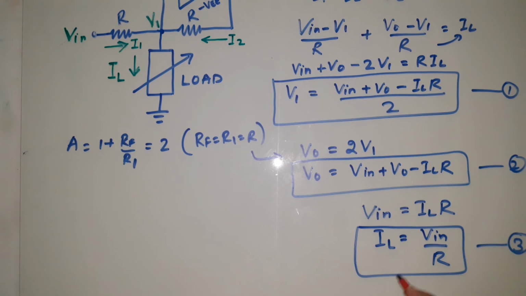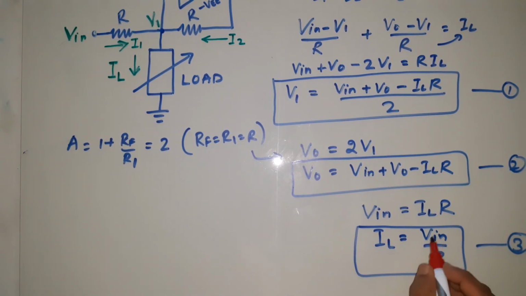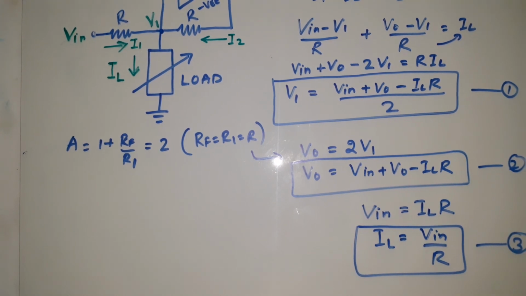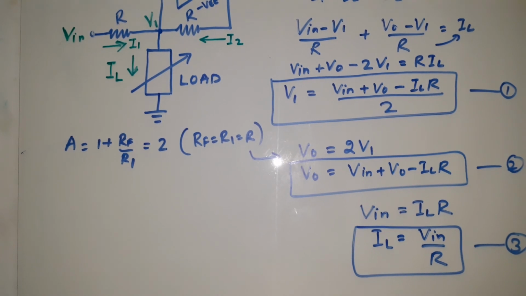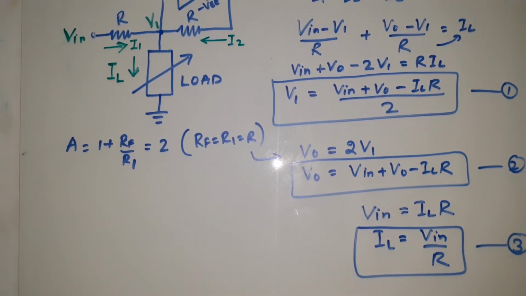So what does it tell? What is IL? IL is our load current. What is V in? V in is our input voltage. Alright. So it means that with the above equation we can say that the load current is dependent on the input voltage and the resistor. If resistor R is constant, R will remain constant, right?